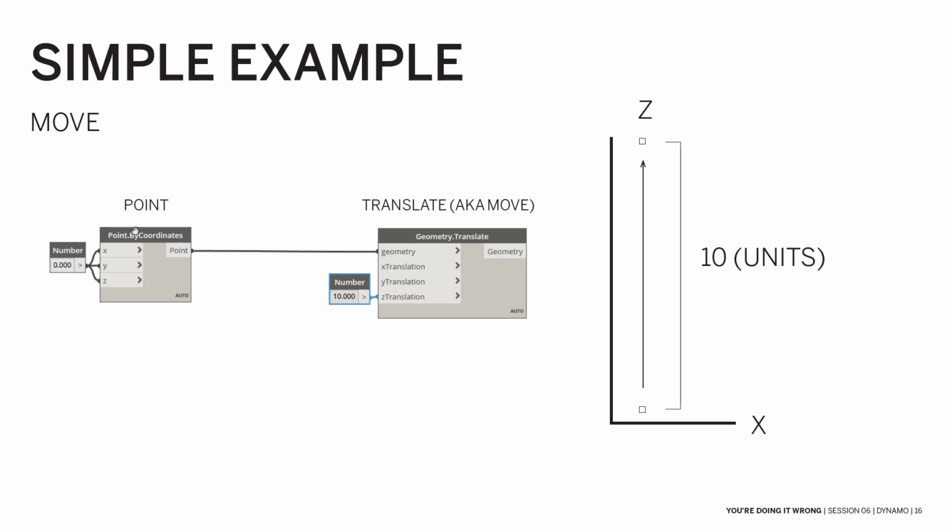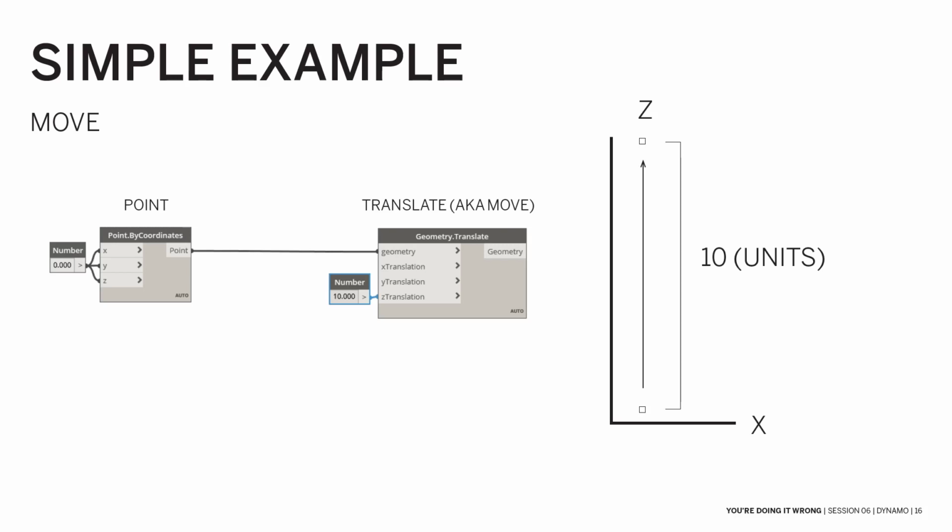Now, I will always need the original point to get the output point. So Revit or Dynamo doesn't actually move something, it makes a copy. So I still have the original point, and now I have a new point that is related to the original point. So if I delete the original point, the moved point also gets deleted.